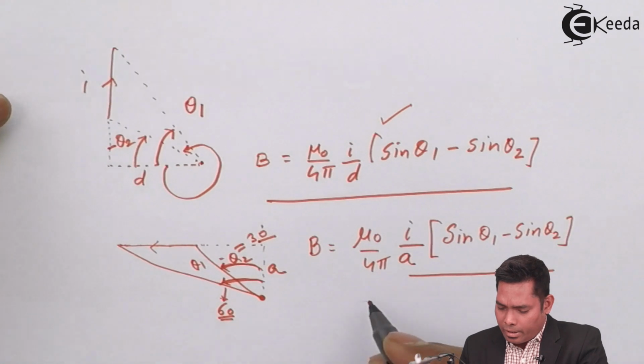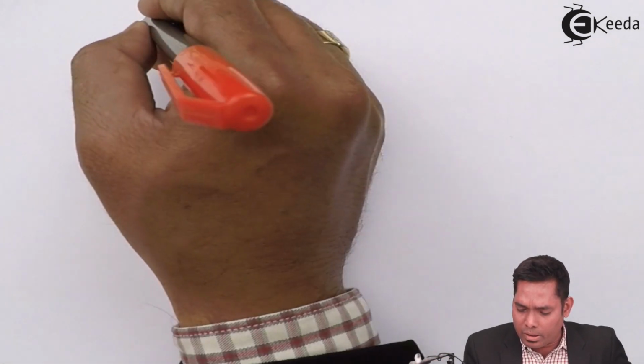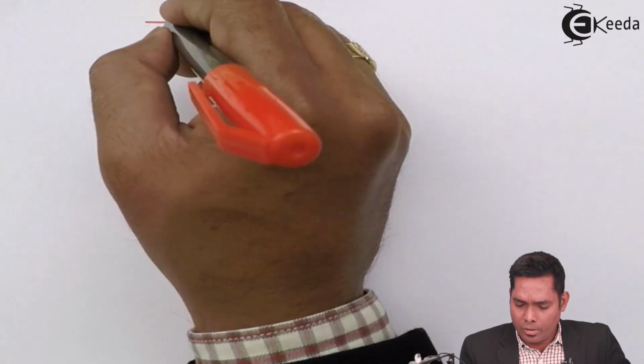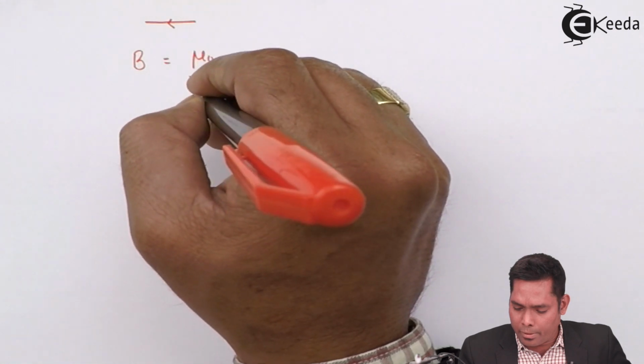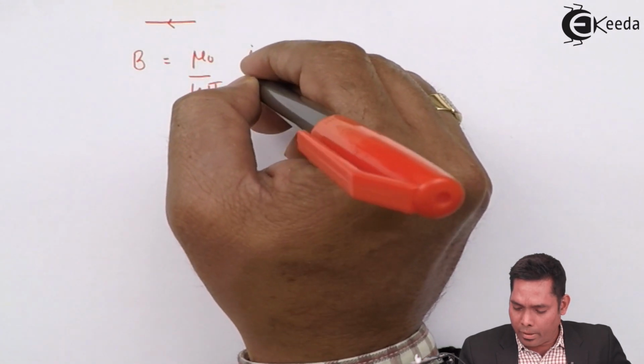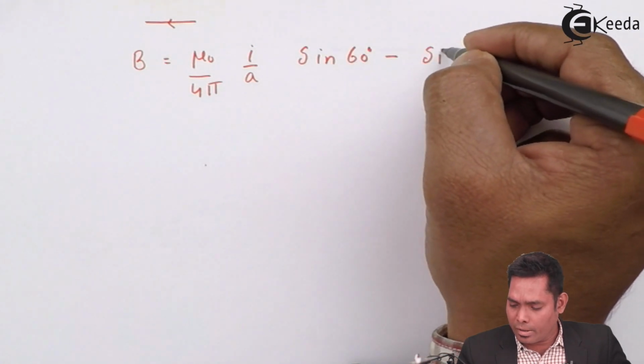So if I put that here, what I'll get is B, due to a single part of the conductor, the magnetic field contribution will be mu naught upon 4 pi, I upon A, sine of theta 1, which is 60, minus sine of 30.